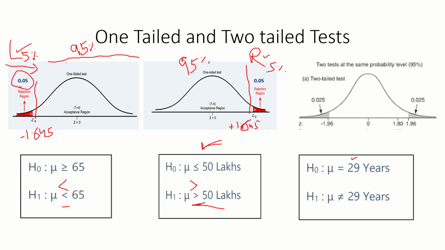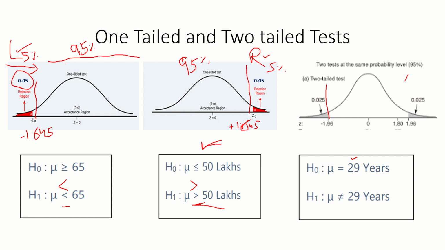Understood? So when it becomes a two tail test, this is one directional. You can see a one tail test is always one direction because rejection is taking place at one side, whether it has to be the left side or the right side. But in a two tail test, rejection is taking place at both sides.